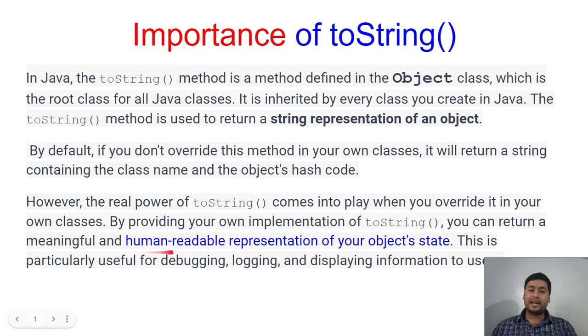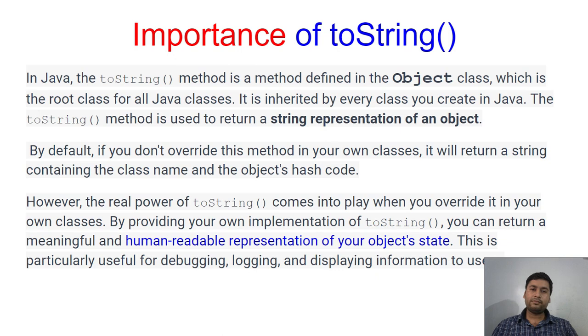Whenever you implement the toString method in your class, it provides a meaningful, human-readable representation of the object state, and this is particularly useful for debugging, logging, and displaying information to the users. So it is very useful in debugging, in logging, and while displaying data in some places.